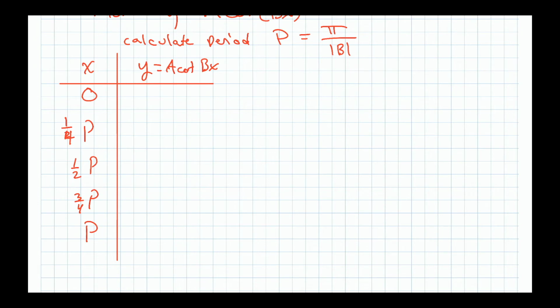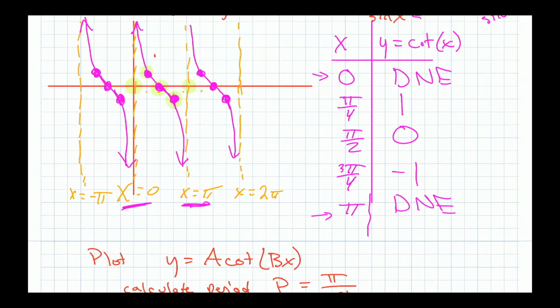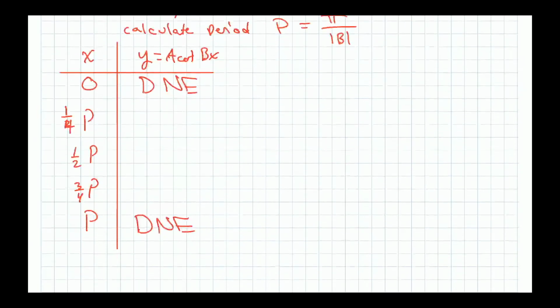And then remember how this goes. Does not exist because that's a vertical asymptote. At P, that does not exist because that's a vertical asymptote. And in between, it actually goes so up high, 0, down low. So that is here, A, 0, minus A. That's how those go.